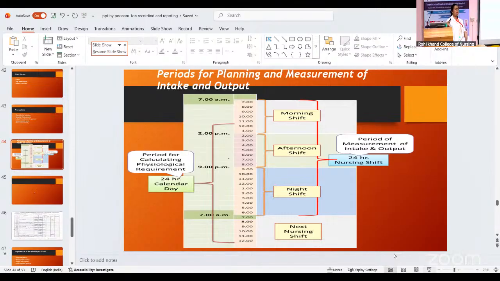If it is increasing from 500, then patient is overfluid. Patient is now overfluid. Minus here means patient is having more intake. We have given more intake to the patient, right? So now we have to balance the intake output.